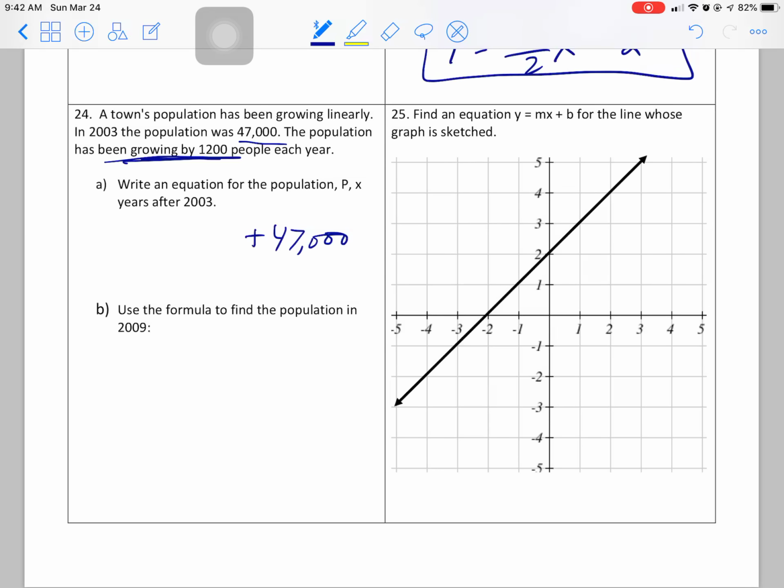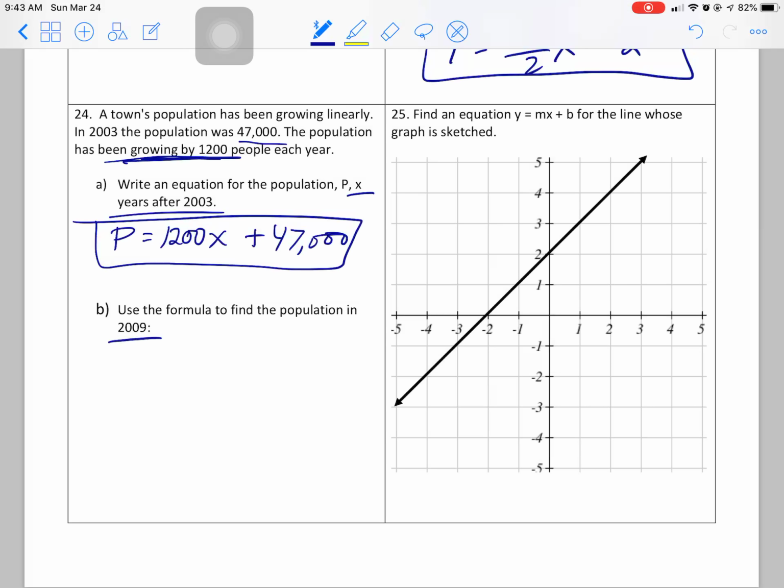Starts are positive. And if it's growing, the rate's positive as well. And it's growing by this many per year. So that's the rate. And x is per year. Okay? Years after 2003. And then instead of a y, they want you to use a p. Okay? All right, so that's half the problem right there.